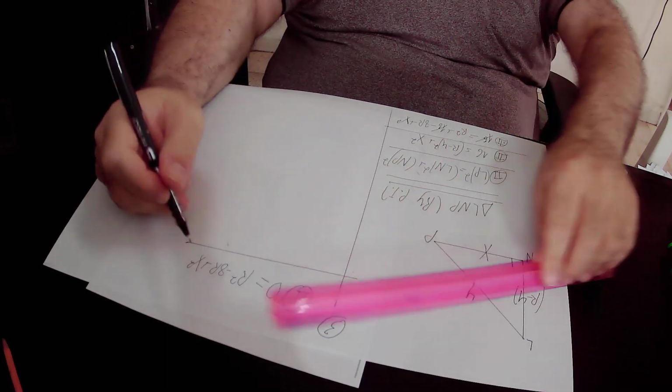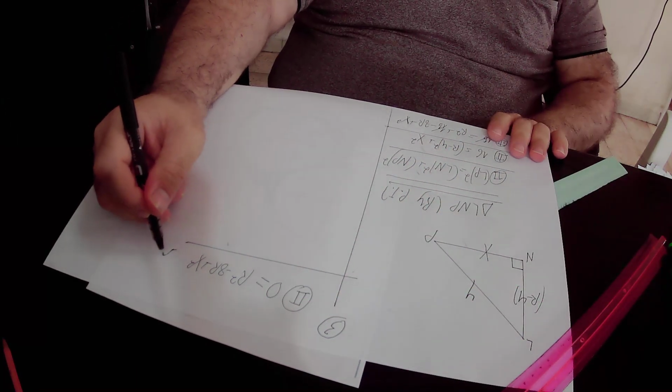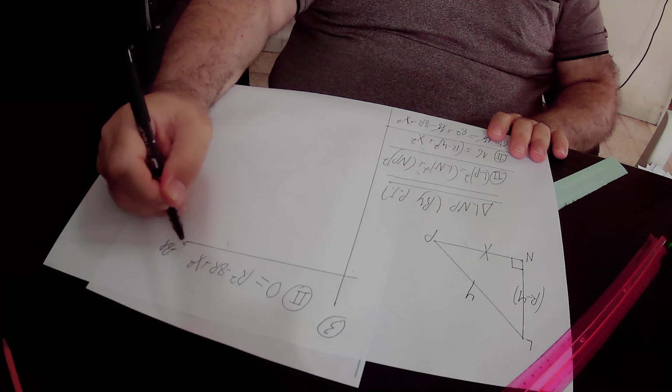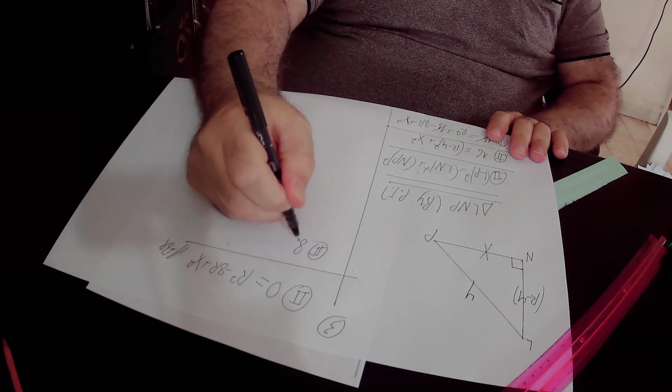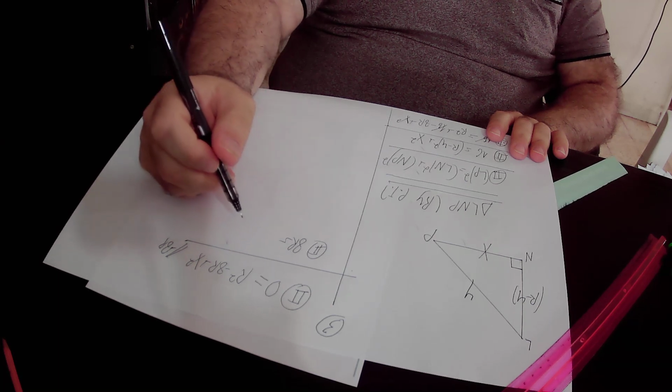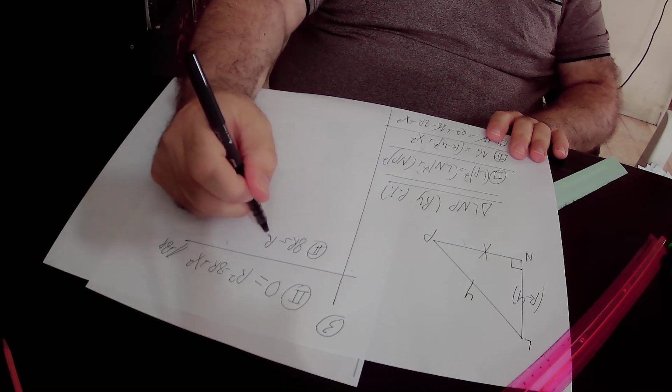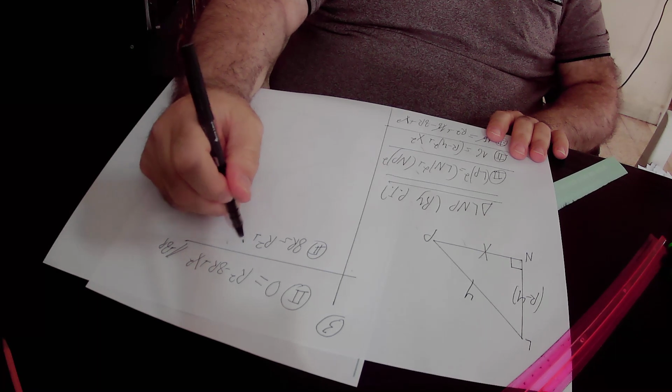Here we will add 8R to equation number 2, and we get that 8R equals R square plus x squared.